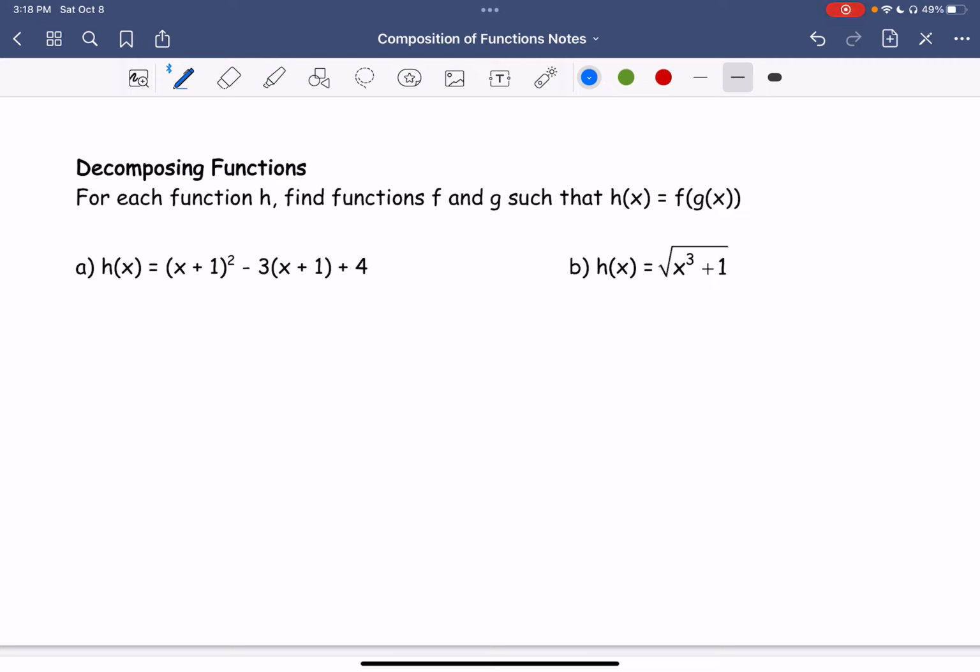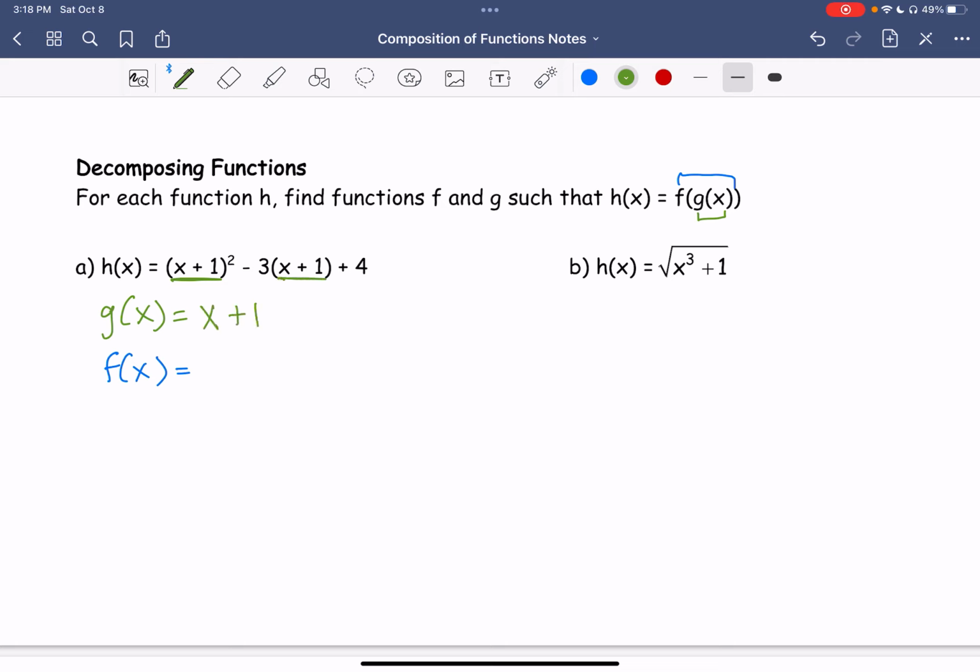Okay, so let's say I have f of x in here and then g of x on the inside. So I'm trying to figure out what was plugged in as g of x that was plugged into f of x that gave me h of x. Okay, so how did I get (x plus 1) squared minus 3 times (x plus 1) plus 4? So you can see that easily that in the parentheses we plugged in x plus 1.